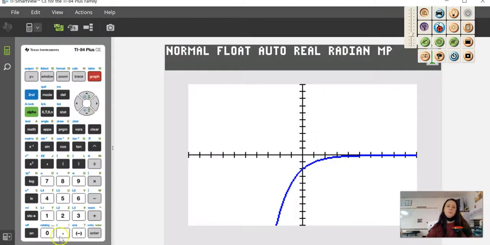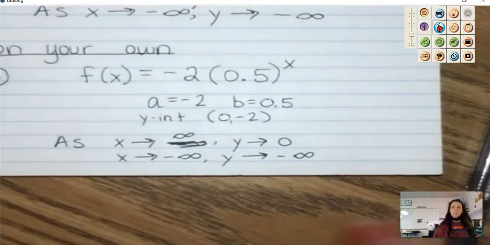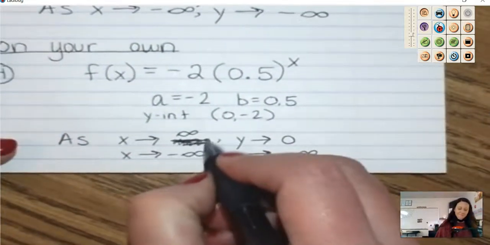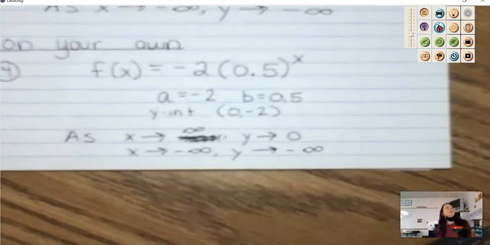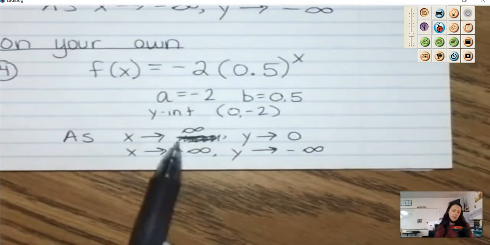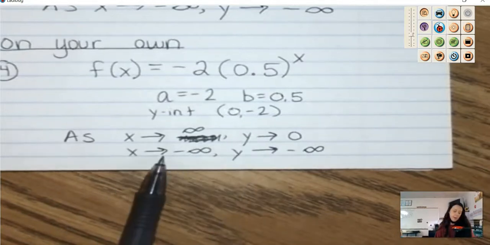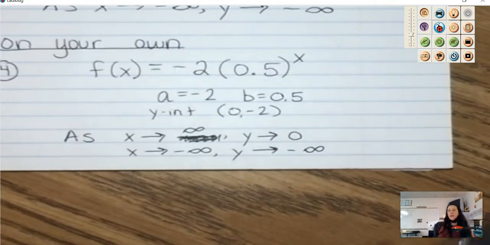And then the answers: a is negative 2, b is 1/2, the y-intercept is (0, negative 2). As x approaches infinity, y approaches 0, and as x approaches negative infinity, y approaches negative infinity. So far, so good?